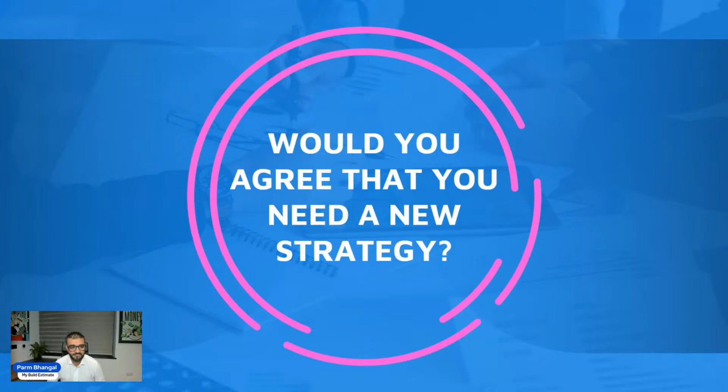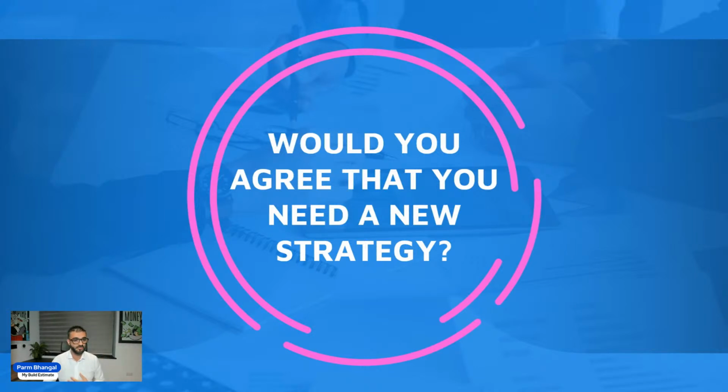You might be thinking, I'm not sure whether we're making enough profit on a project, I'm not sure how much we're making on any of our projects, I'm not sure what the money looks like. We have people at all those various stages. You might know perfectly how much money you make, but you're just looking to improve that. Well, I'm sure you'd all agree, you need a new strategy.